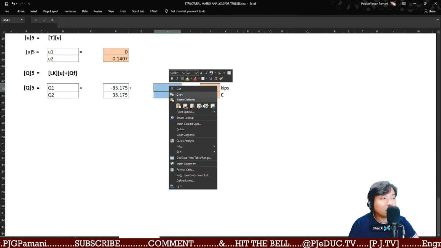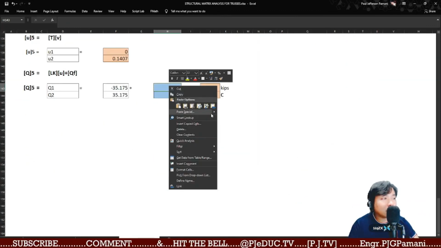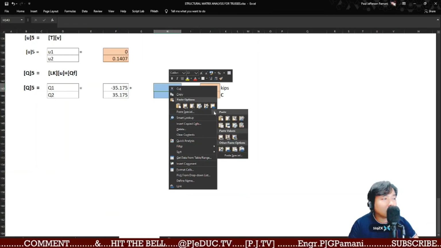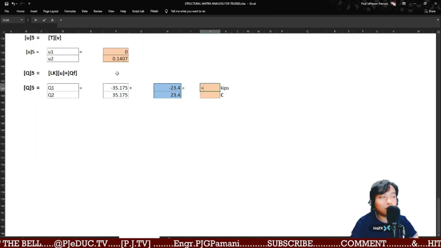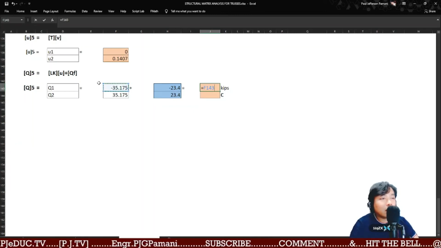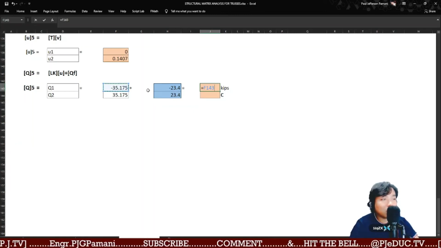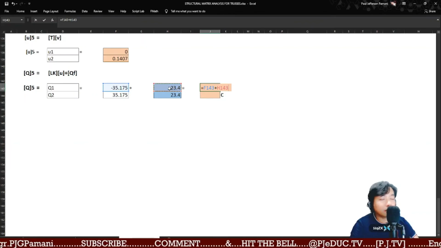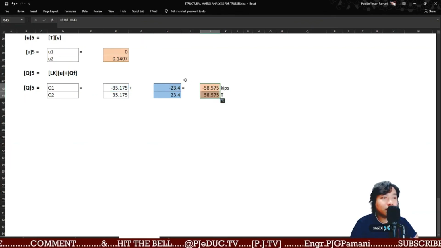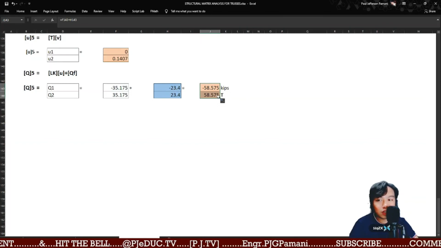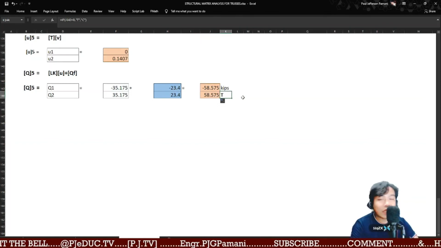Then, of course, we paste it as a value, then add: LK times U plus QF. So, Q1 is negative, then Q2 is positive. Therefore, it is now in tension.